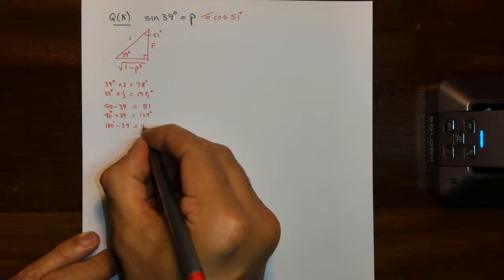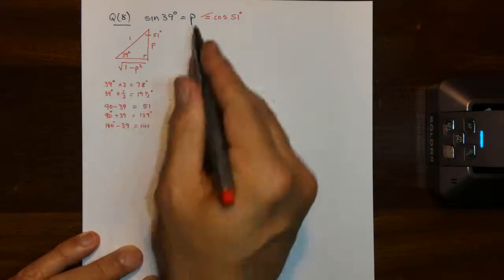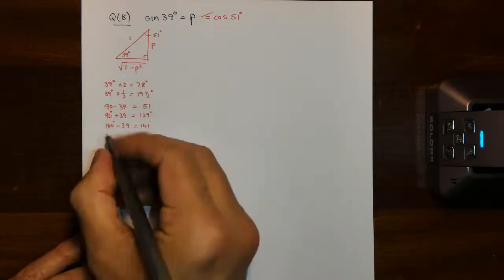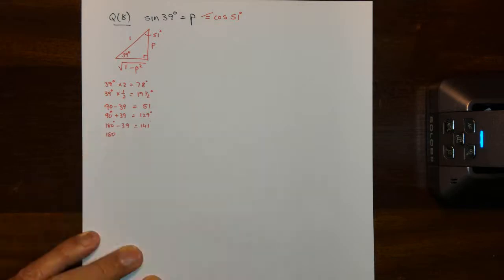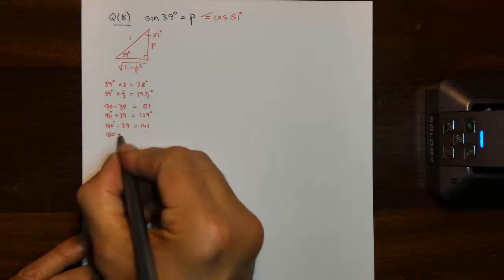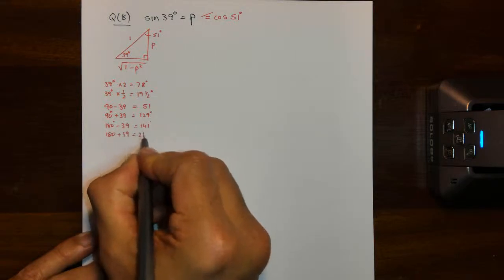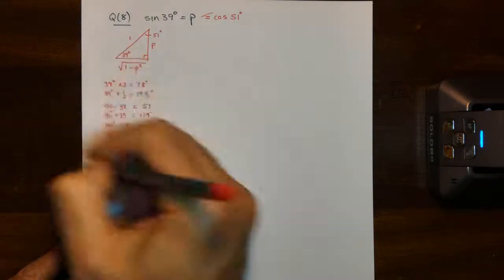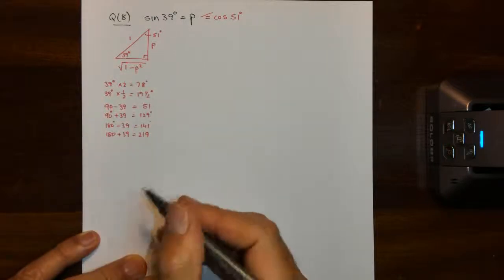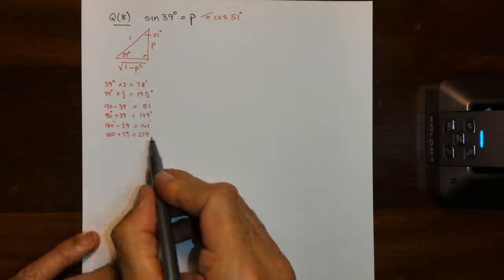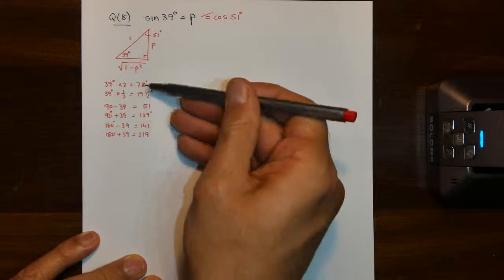That is 141. If you get the number 141 in a question, 180 degrees plus the 39 will give you 219. And write down more relationships that you can. You can go 360 minus, 360 plus, so that you have these.